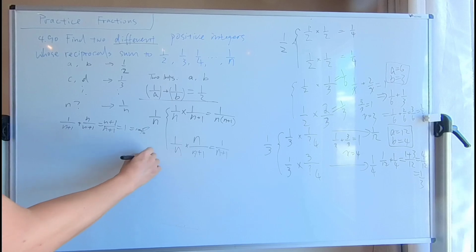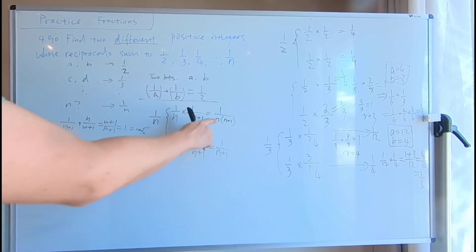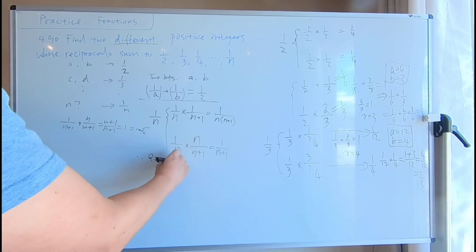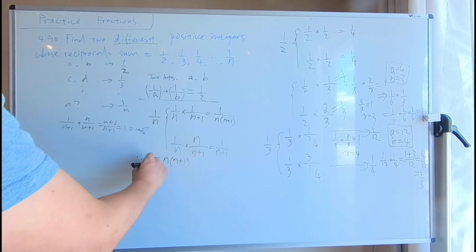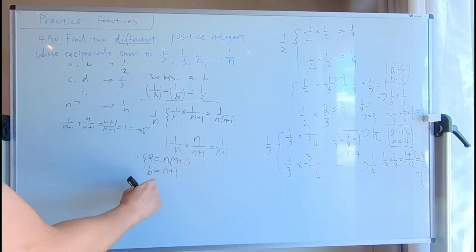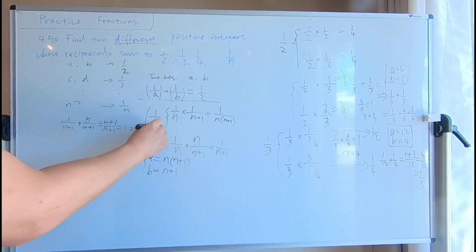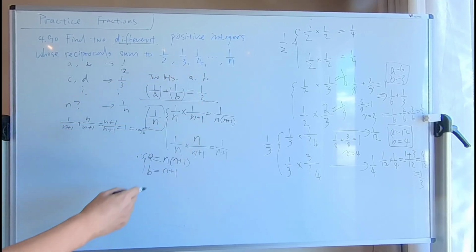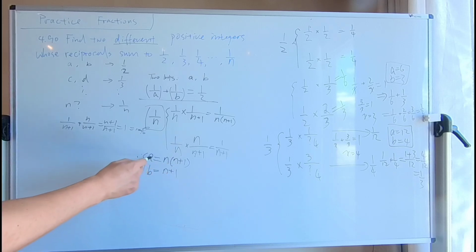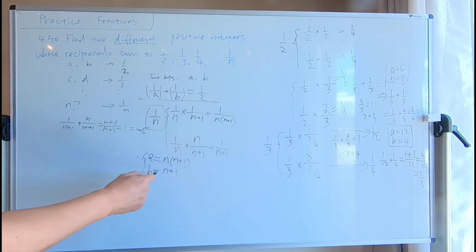So the two integers are the reciprocals of these. A should be n times n plus 1. B should be n plus 1. So for any n, if I want to get this 1 over n, my a and b must be in this combination, and they are positive integers, and they are different integers.